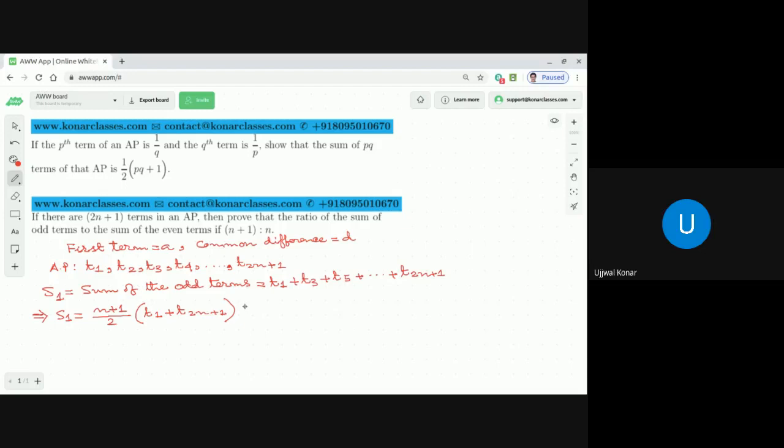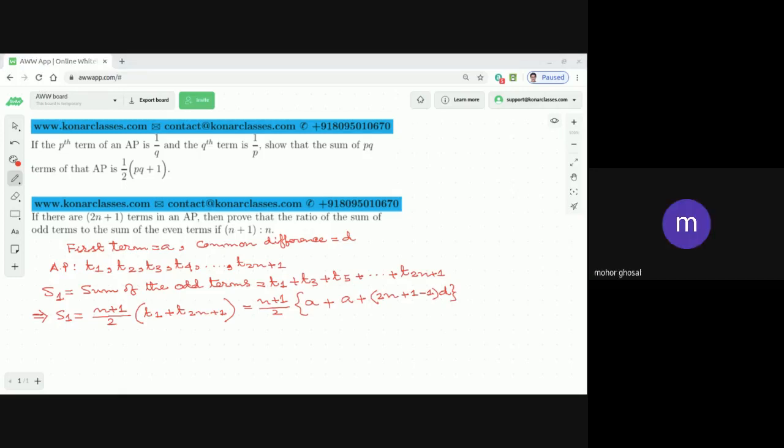So now we can write it as n plus 1 by 2. If you recall, what is T1? According to our assumption, T1 is a. And what is T 2n plus 1? It is a plus 2n plus 1 minus 1 into d. Correct or not? Clear or not clear?